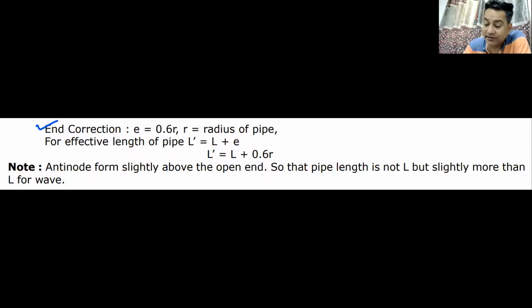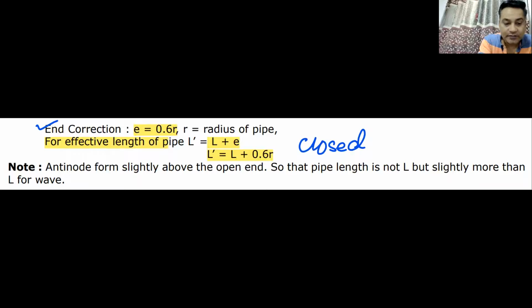This end correction is 0.6 times r, where r is the radius of the pipe. So the effective length of the pipe becomes L plus e, or L plus 0.6 r. Please note down, this is the end correction for a closed pipe. A closed pipe only has one open end, and therefore we have correction only at one end. Please note this down, a very important point.